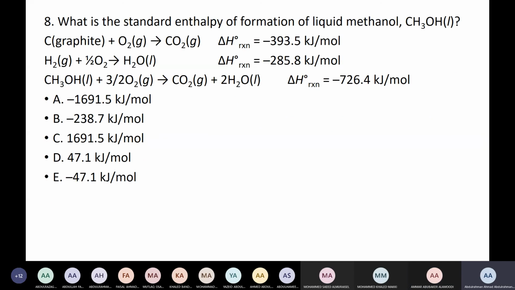What's the standard enthalpy of formation of liquid methanol? What's the equation that we can write for the enthalpy of formation of liquid methanol?